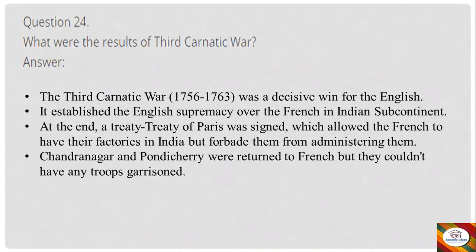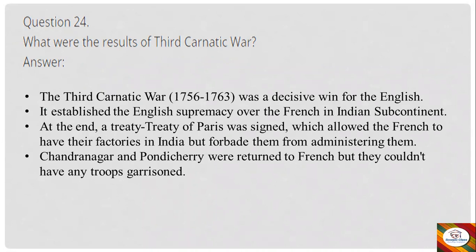Next, question 24. What were the results of the Third Carnatic War? Answer: the Third Carnatic War, which was fought between 1756 to 1763, was a decisive win for the English. It established the English supremacy over the French in the Indian subcontinent.